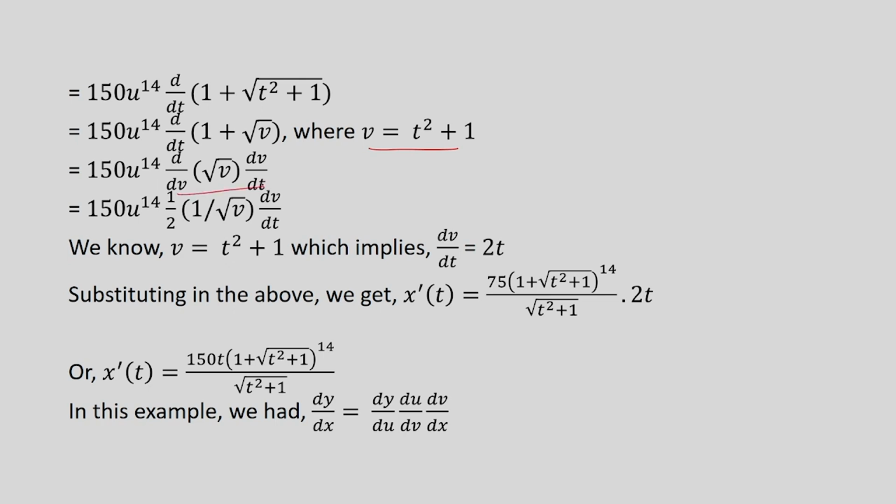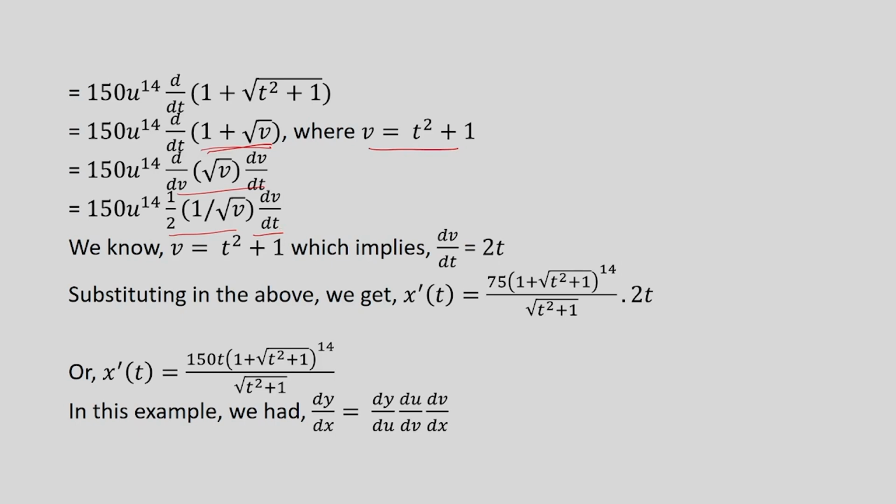So, d dt of this expression will be d dv of root over v, because 1 is a constant, multiplied by dv dt. And again I use the power rule: root over v is v to the power half, so half comes first and then v to the power minus half, half minus 1 is minus half, which can be written as 1 divided by root over v multiplied by dv dt.